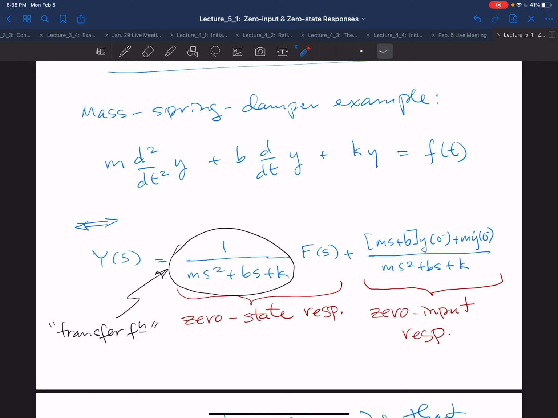And as we'll see, introducing such generalized functions, and in particular the unit impulse function, will help us better understand the form of this zero state response, and in particular what this so-called transfer function really is. So we'll start looking at the unit impulse function in the next lecture.